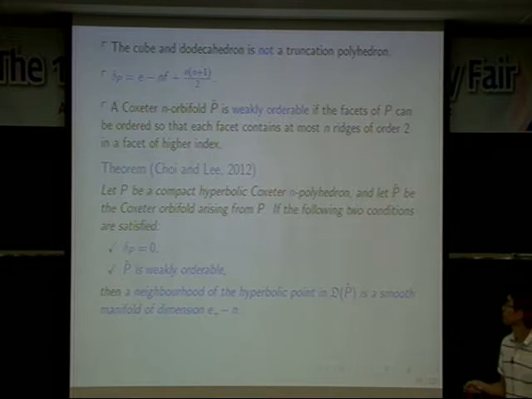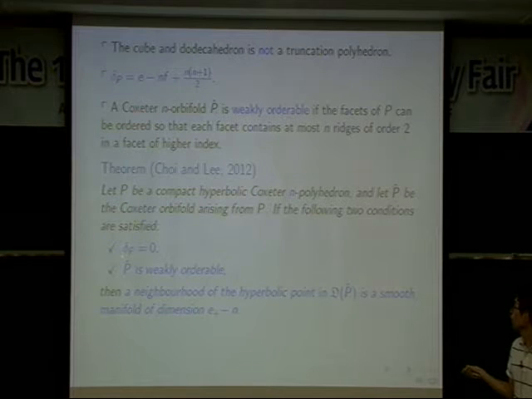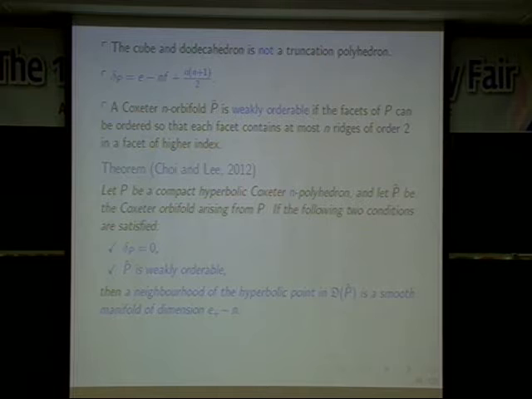So we only check these two conditions. Then we know what the local deformation space of this Coxeter orbifold is.